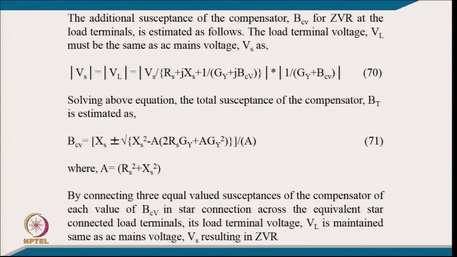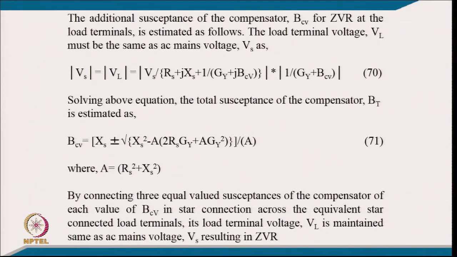Solving the above equation, the total susceptance of the compensator can be calculated in a manner that B_CV equals X_S, the source reactance, plus or minus the square root of X_S squared into A, in brackets, 2 R_S G_y plus A squared G_y, bracket close, divided by A, where A is R_S squared plus X_S squared from the source impedance.